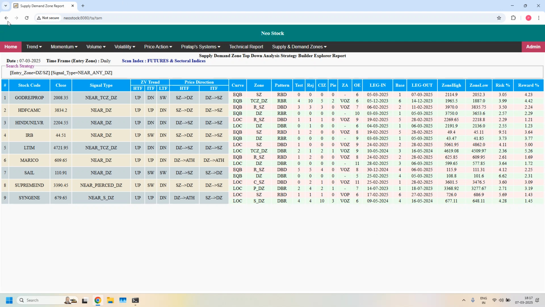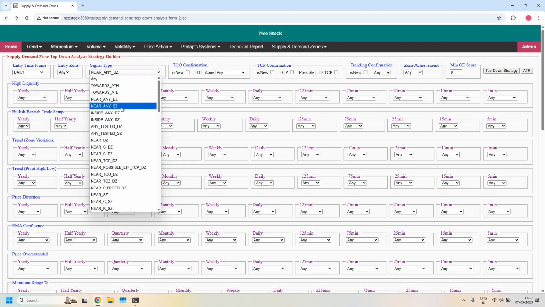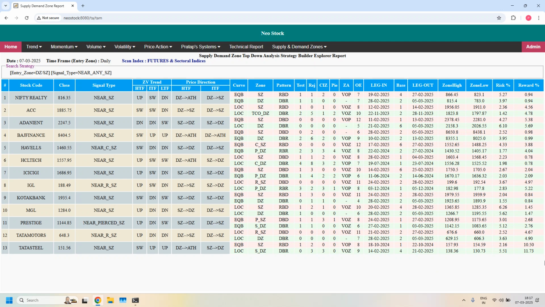Okay. Next, for daily time frame, let us find the stocks near daily supply zone. We got 13 stocks. Let us identify high liquidity daily supply zones from this list. Havells is having a high liquidity daily supply zone.